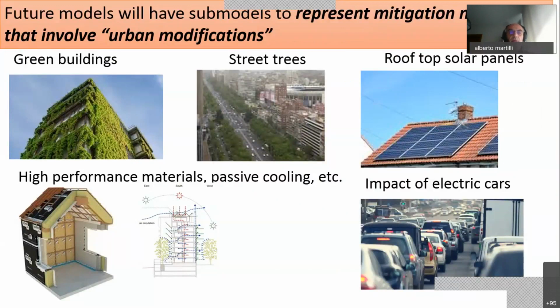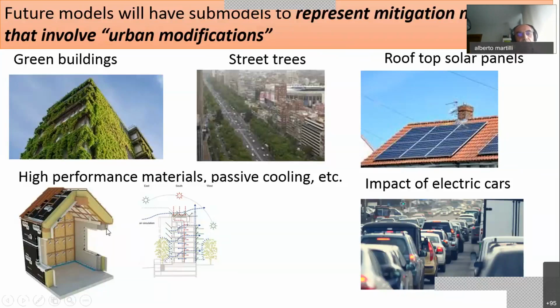For example, we will need models that are able to represent green buildings, so green roofs and also green facades, street trees, or rooftop solar panels. The impact of high-performance materials, which are being used more and more in buildings.